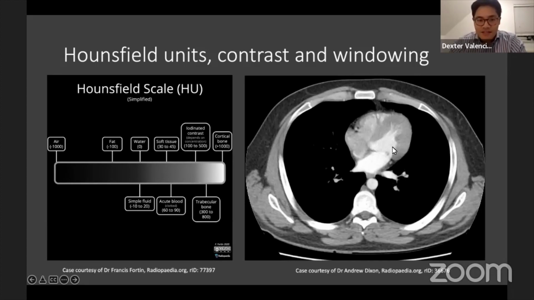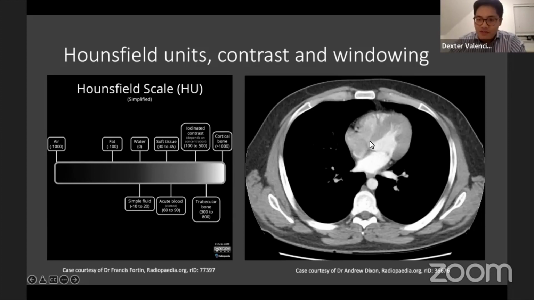If we think about fat being here, all these structures which are a little bit brighter, lighter in grey colour, are going to be the muscles. These are the paraspinal muscles, because this is part of the thoracic spine. This is the left scapula, the right scapula, and these are all muscles. As we come closer within to the mediastinum and the heart, we've got our normal structures.